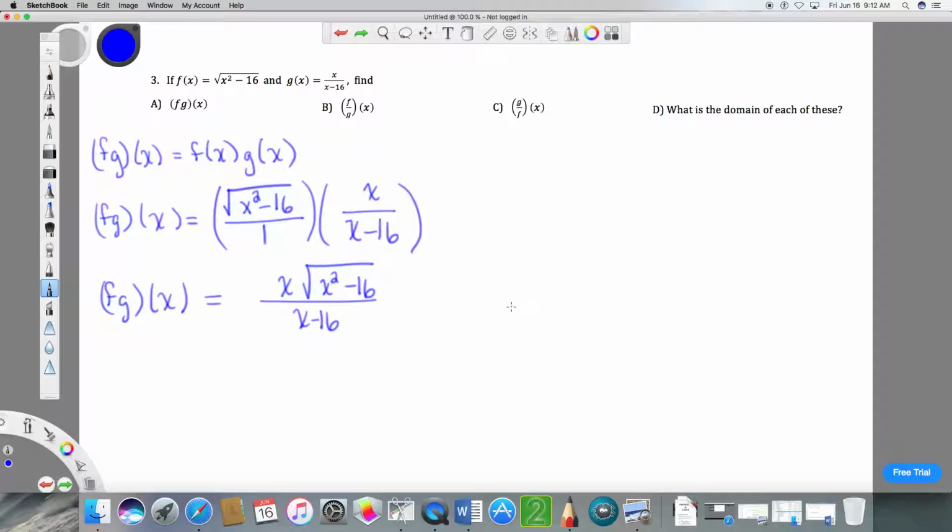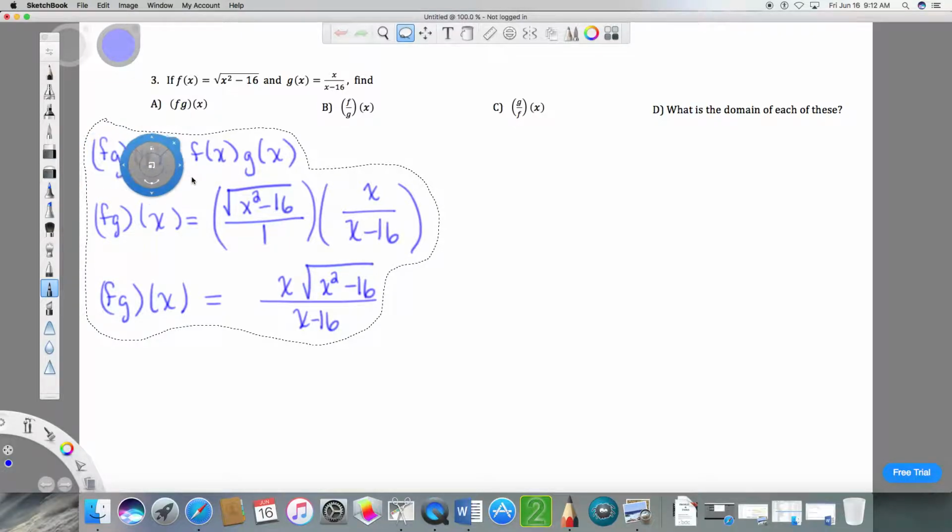Now, in part D, we want to find the domain of this. But you must be careful when you're finding the domain of some function that you built if you just come along and use the final result. In this case, there was no simplifying that occurred, so I think we would be okay. But to be doubly sure, what I always do in finding the domain of this product is find the domain of f, find the domain of g, and intersect those two domains.